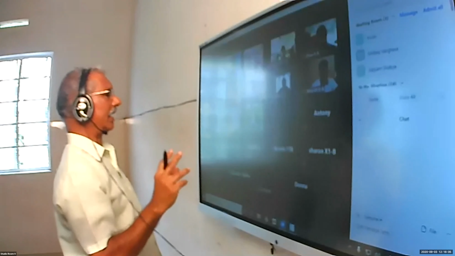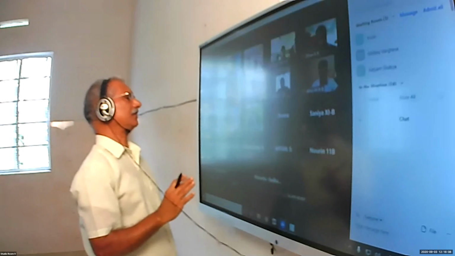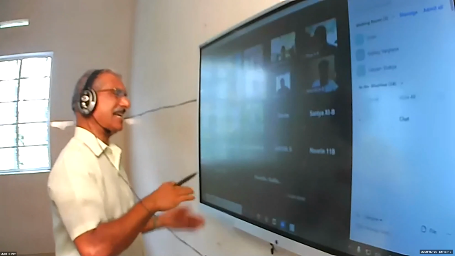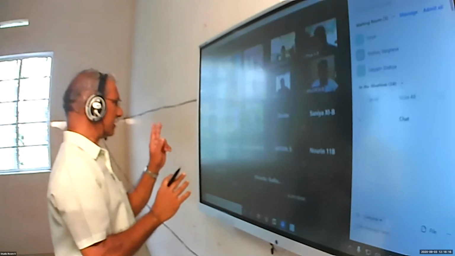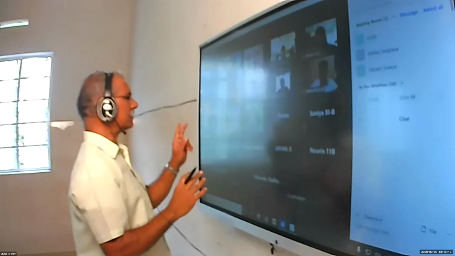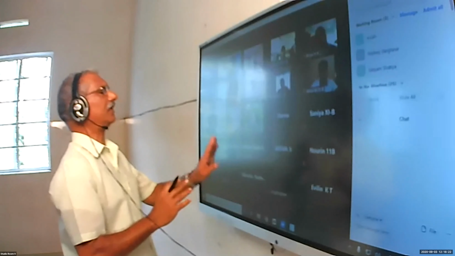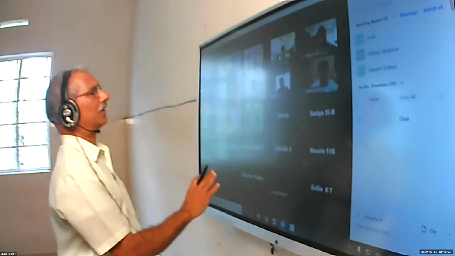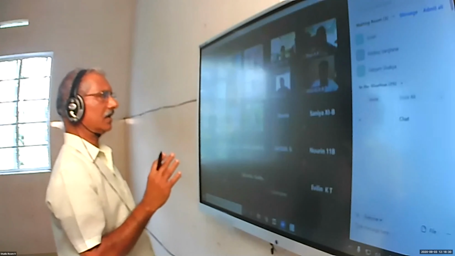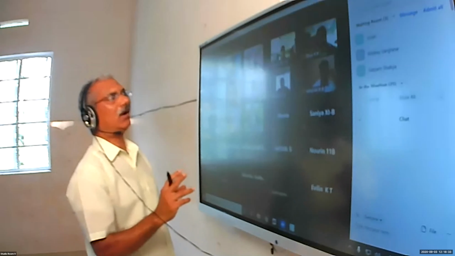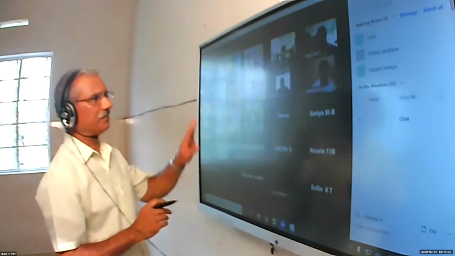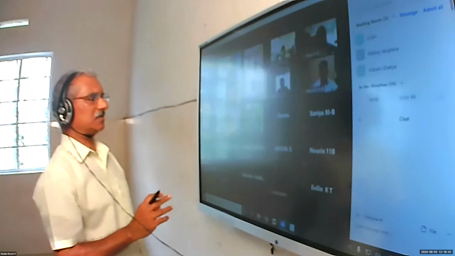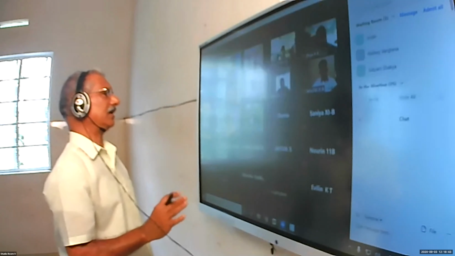No two electrons can have the same set of four quantum numbers. At least one quantum number should be different. That is according to Pauli's principle. So two electrons present in an orbital will have the same principal, azimuthal and magnetic quantum numbers, but the spin quantum number should be different, plus half and minus half.